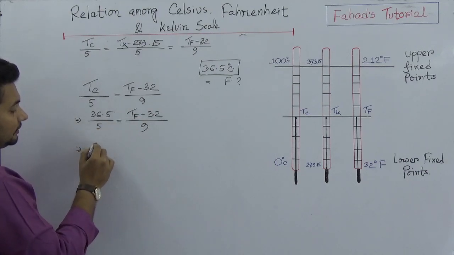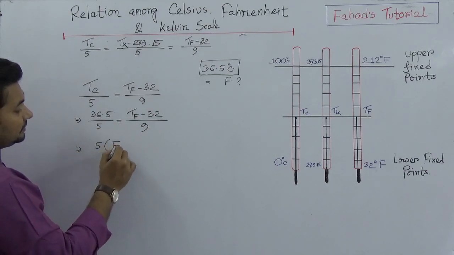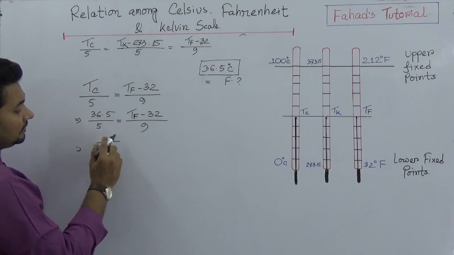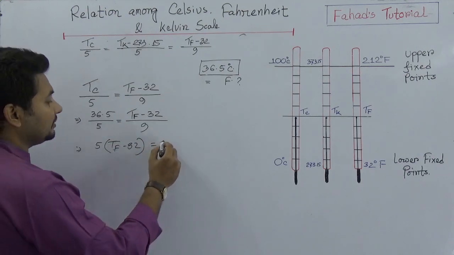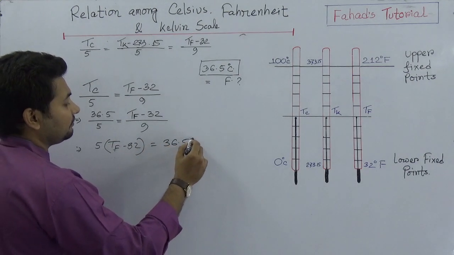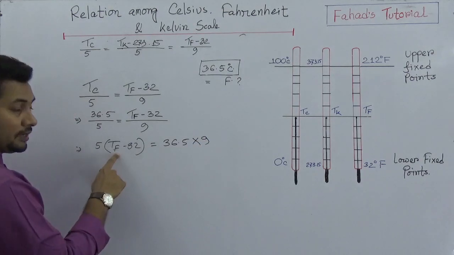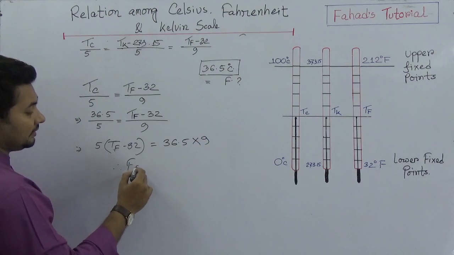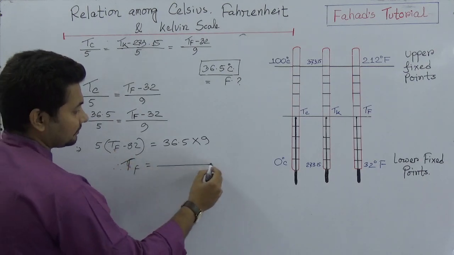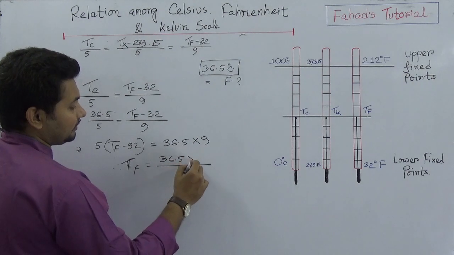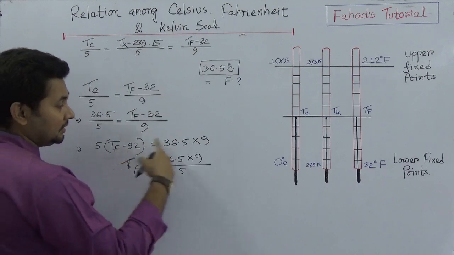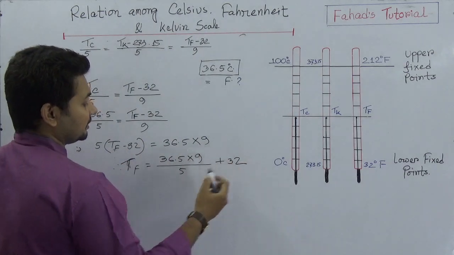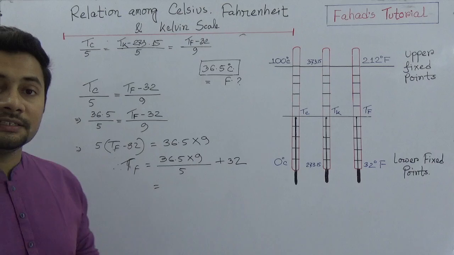Like we can say that 5 times Tf minus 32 is equal to 36.5 times 9 (taking the 5 across). So the value of Tf is equal to 36.5 times 9 divided by 5, and since it is minus 32, it goes across and is added.